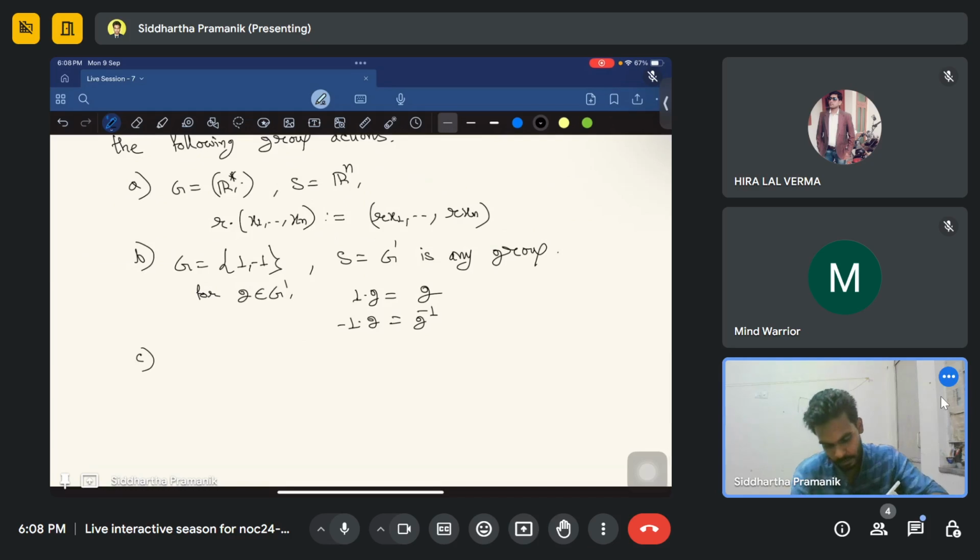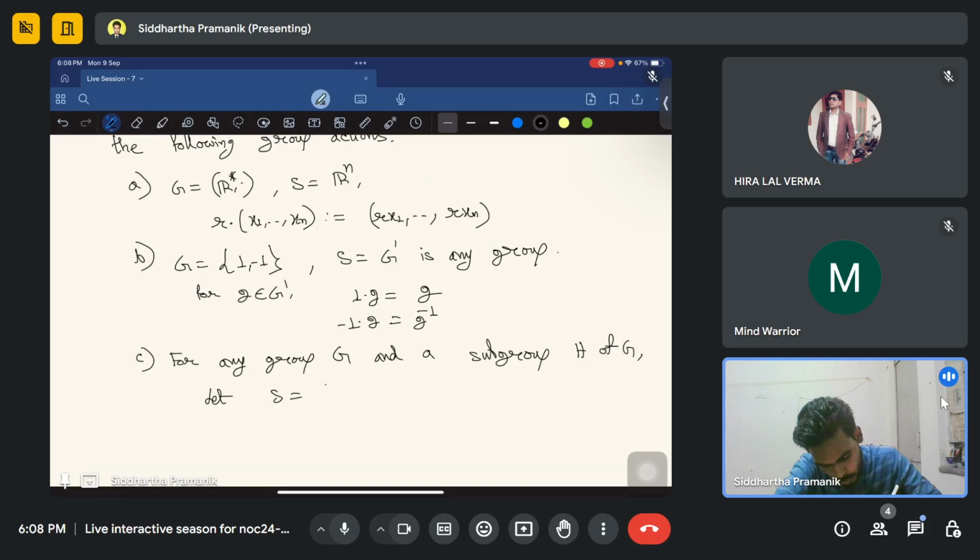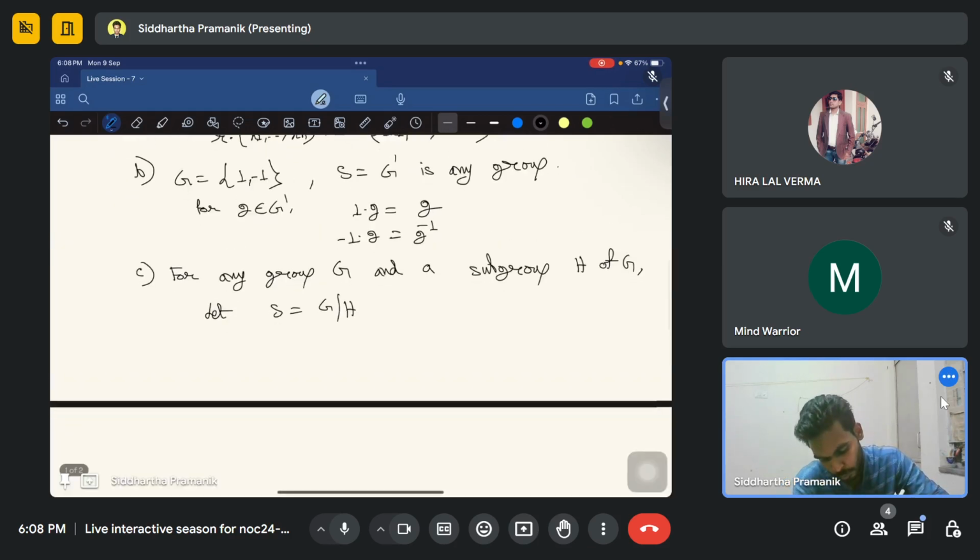C: for any group G and a subgroup H of G, let S equal G mod H. How is the group action defined?